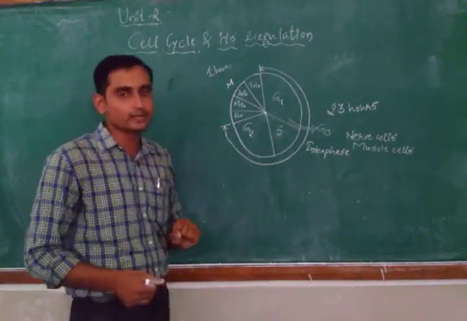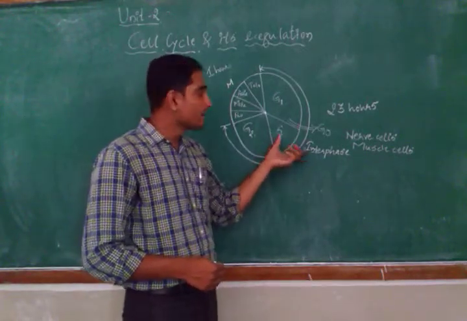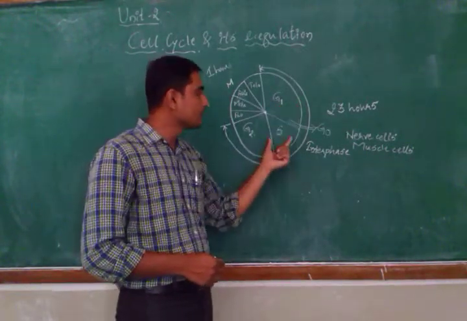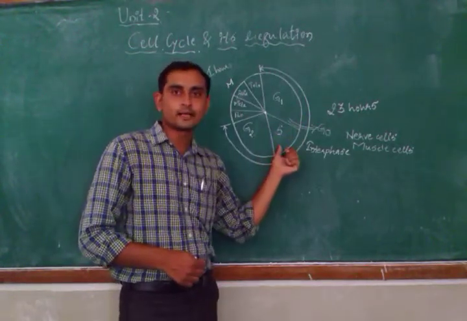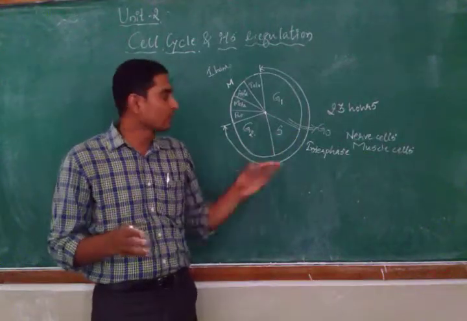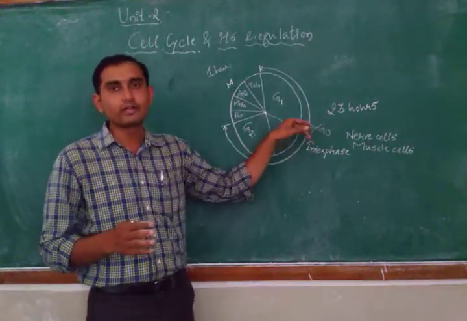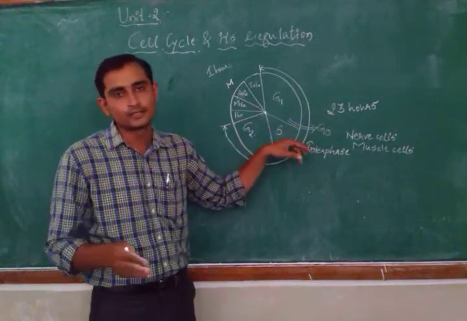Then in case of S phase, as we know, DNA replication occurs, but who will give the signal for entering into the S phase? You should get some signal that everything is ready and every raw material required for synthesis is ready, then you should start synthesis.